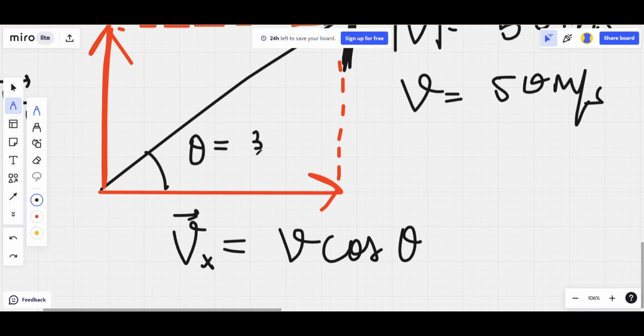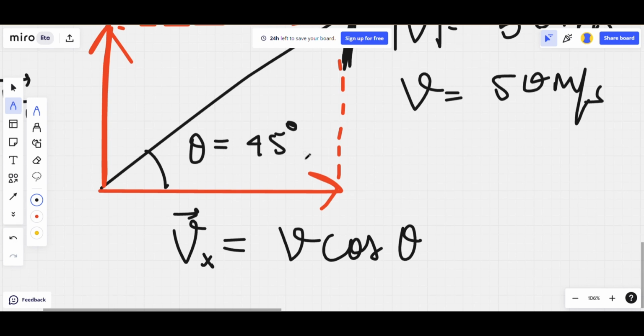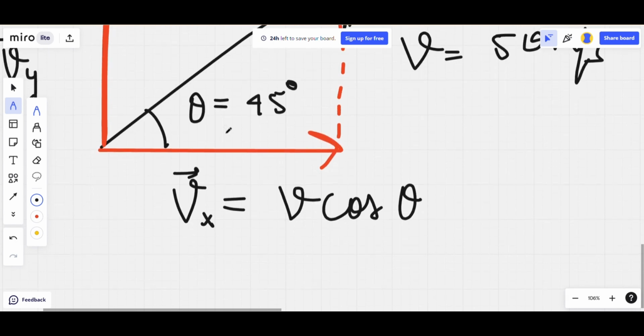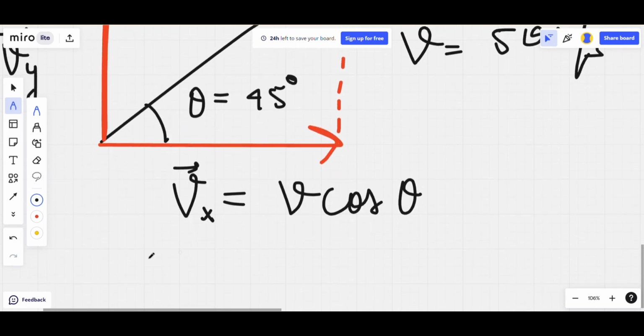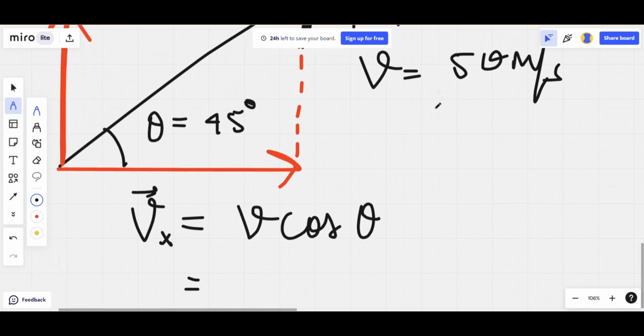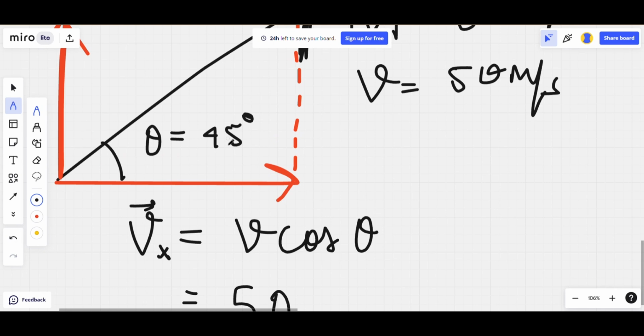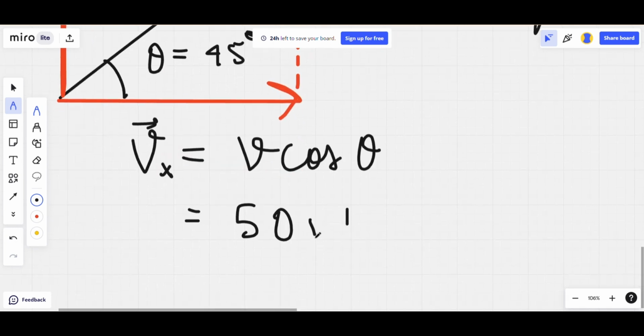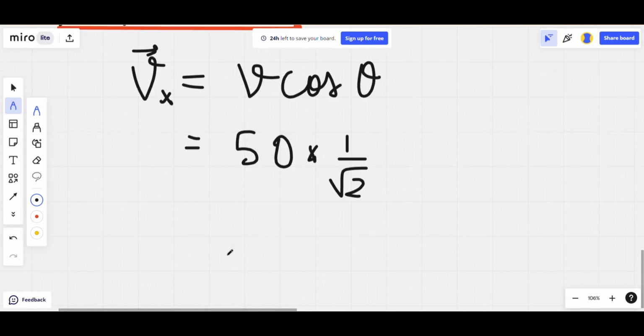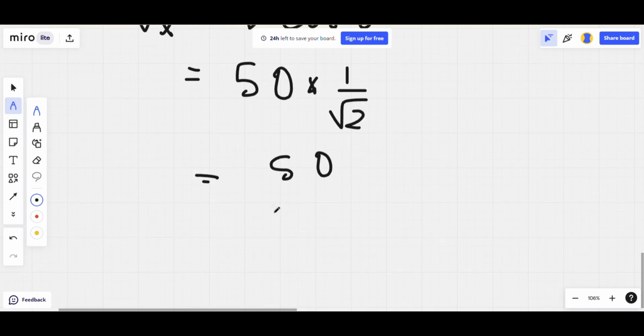Okay, now we have a theta of 45 degrees and this equation. Now we just have to substitute the values. What is V? V is 50, into cos theta. What is cos 45? It is 1 by root 2. So 50 into 1 by root 2 is nothing but 50 divided by root 2.